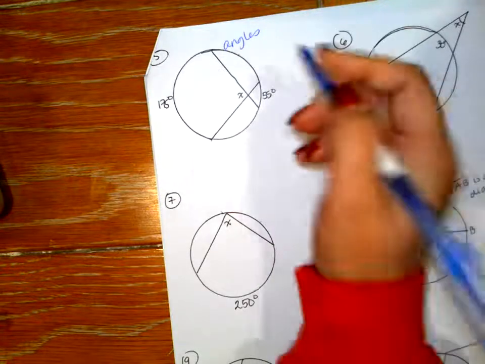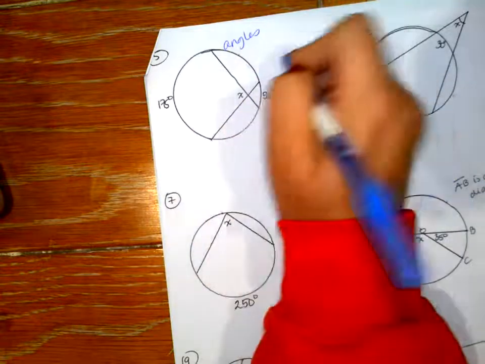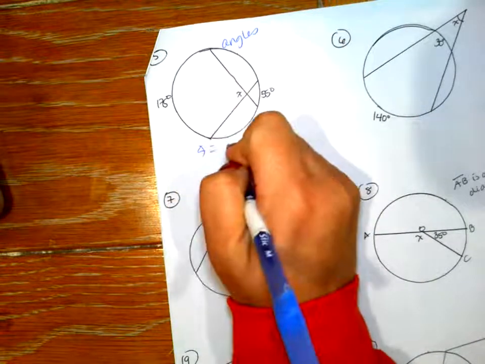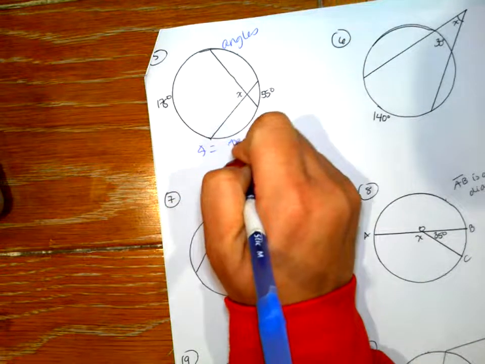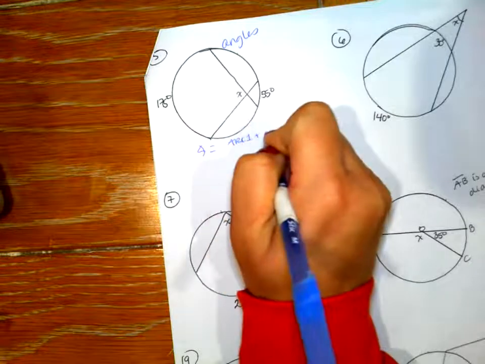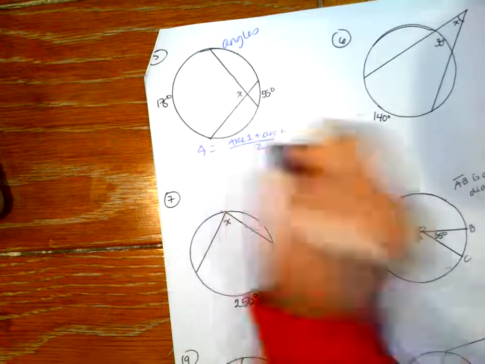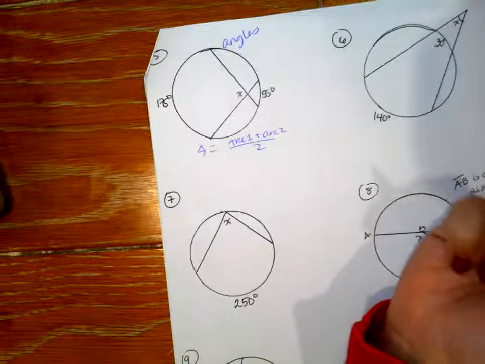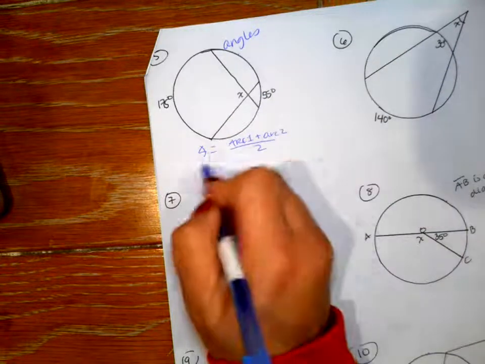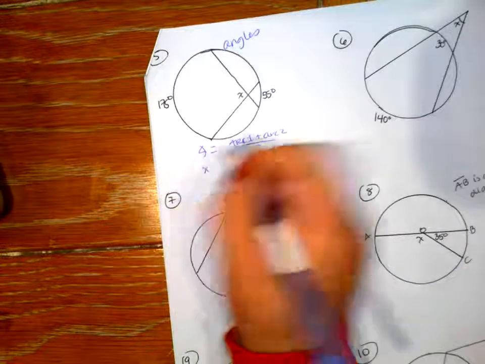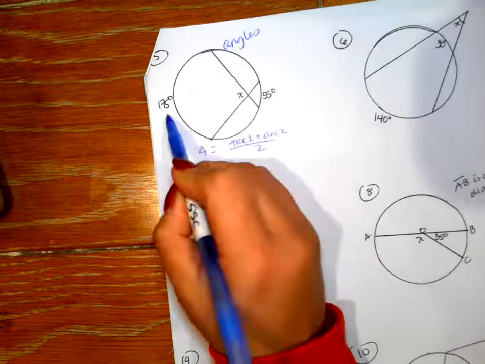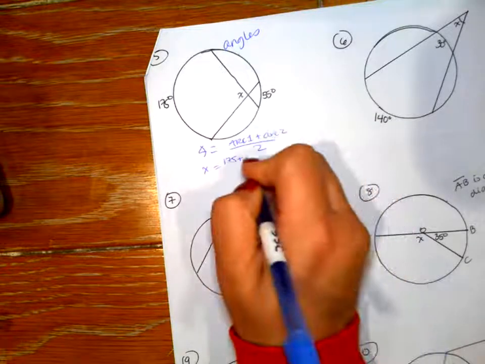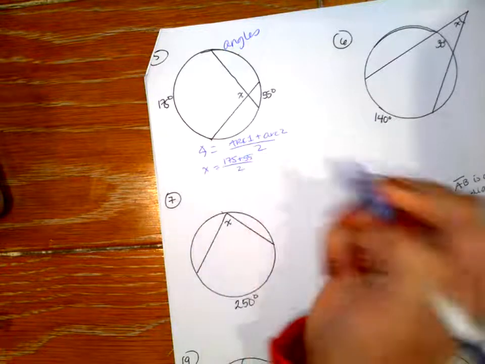But to find an angle, I write it out like this. Angle is equal to arc 1 plus arc 2 divided by 2. And that's what I'm looking for. So I've got the angle, which I'm just going to call x, is equal to arc 1, 175, plus arc 2, 55, divided by 2.